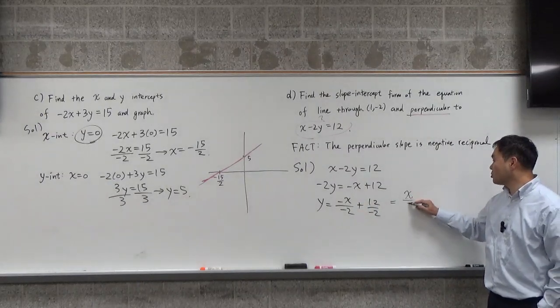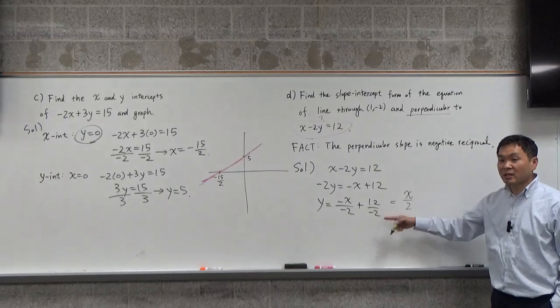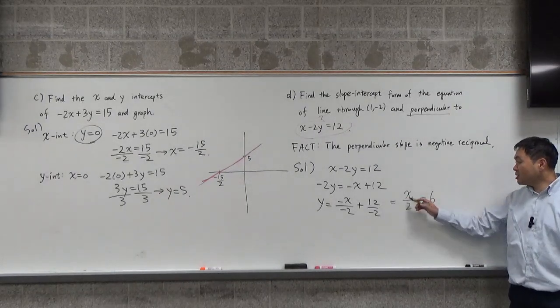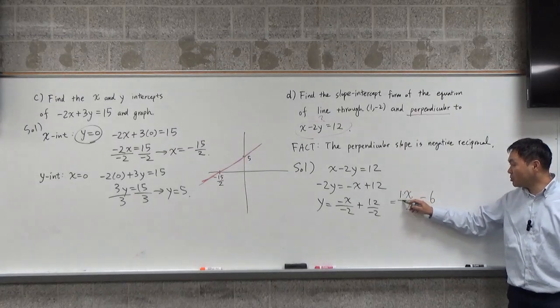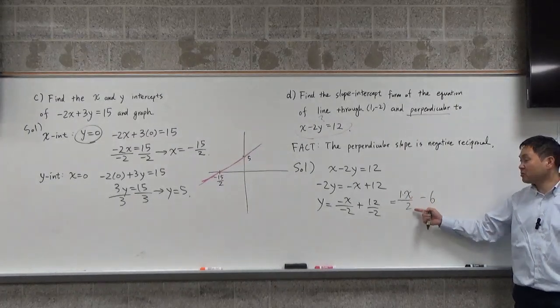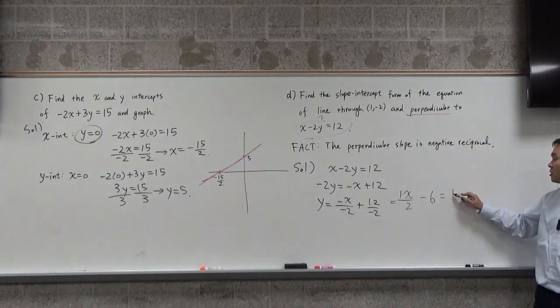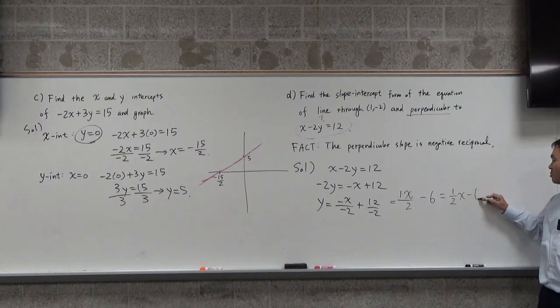So you have x over 2, and then 12 divided by negative 2 is negative 6. You think of this as 1 times x over 2, and then instead of 2 dividing the entire thing, you just let 2 divide one of them. So this is 1/2 times x minus 6.